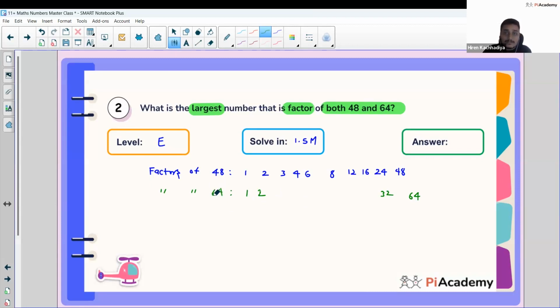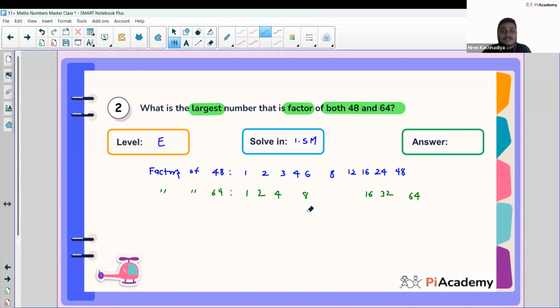So it's not possible to divide by 3. Is it possible to divide by 4? Yes, it's possible because it is 4 times 16, okay? And 5, not possible. 6, not possible. 7, not possible. 8. Yes Ashwi, is it possible to divide by 8? Yes, obviously, because 64 is a square number. 8 times 8 is 64 only, right? But you will write 8 only one time, okay? So 8 will be here.